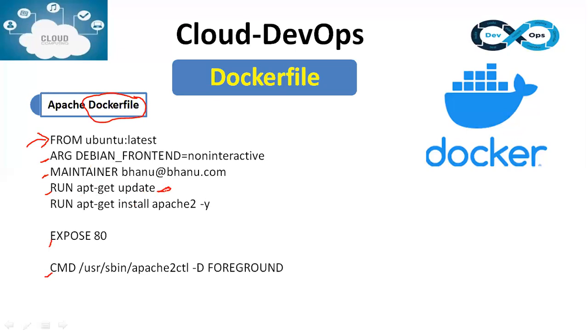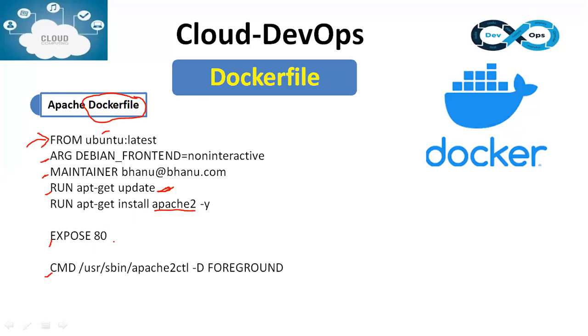Once this command is completed, the next command is apt-get install apache2. Apache2 is the default web server, and yesterday we saw Nginx as the web server. Today we are talking about Apache2. If we replace Apache2 with Nginx, Nginx will be installed in the respective Ubuntu server.